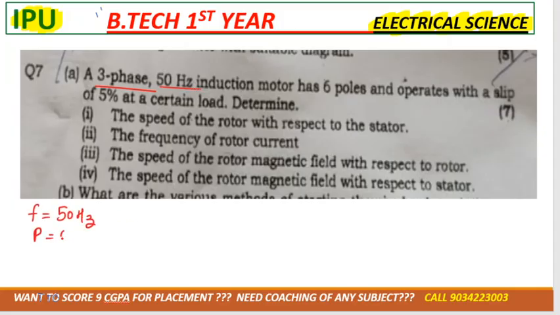The pole is given and it operates with the slip they have given as 5. Determine, calculate nr.